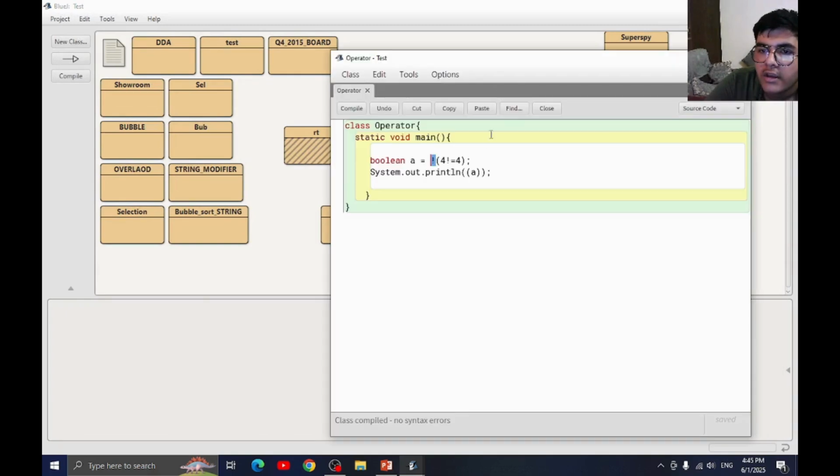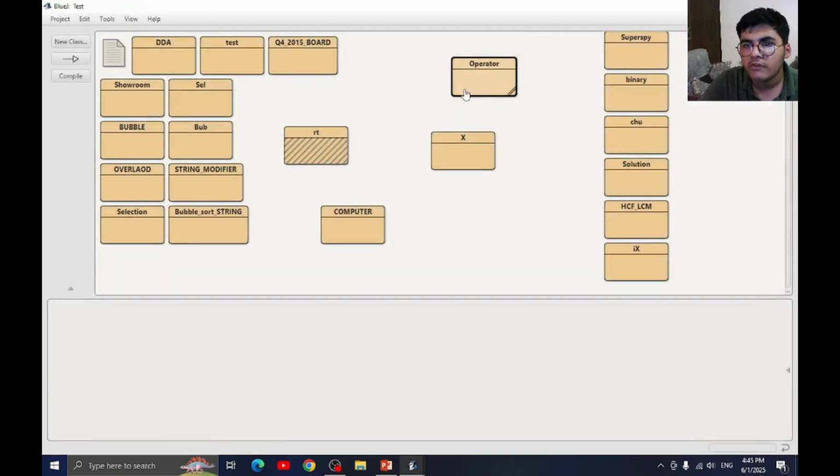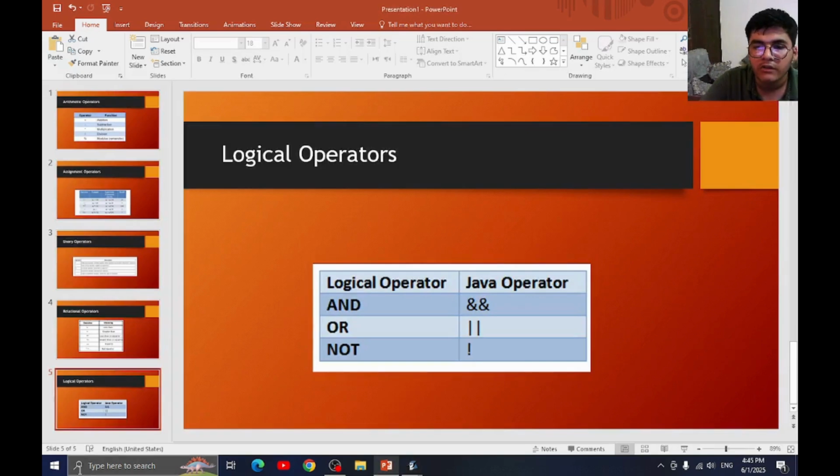And if I come here and put another exclamation mark, then it's going to give me false, because this is giving us a false, then it is complementing it and we are getting true, then again this true is coming here and this is complementing it, we are getting false again. And that is how this operator works, this logical NOT operator.